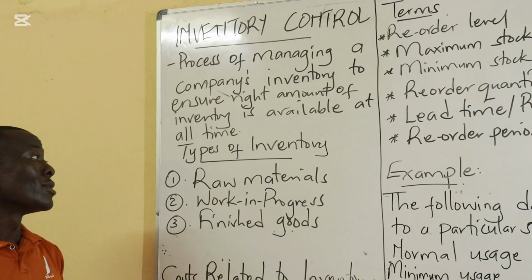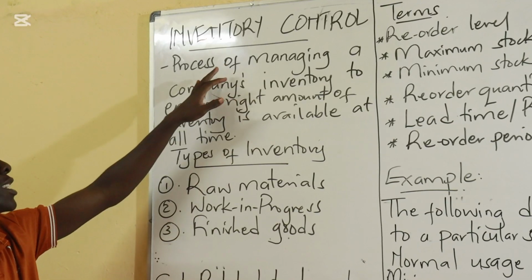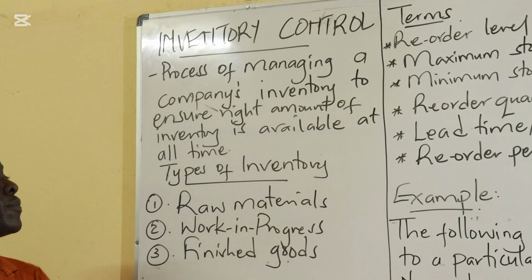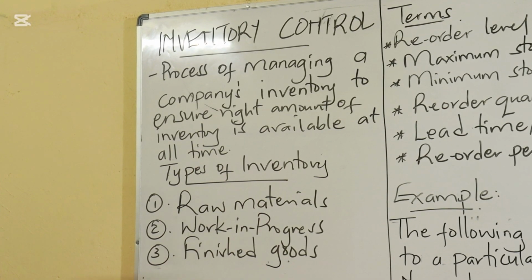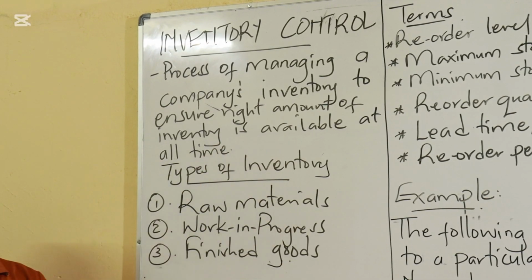So we'll start by introducing inventory control, and we say it's just the process of managing a company's inventory so that we are able to ensure the right amount of inventory is available at all times.